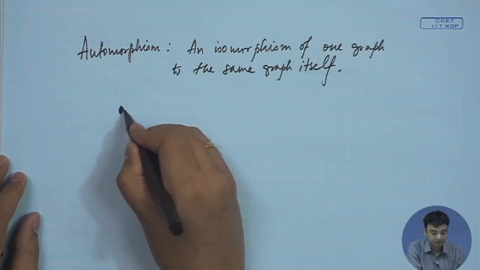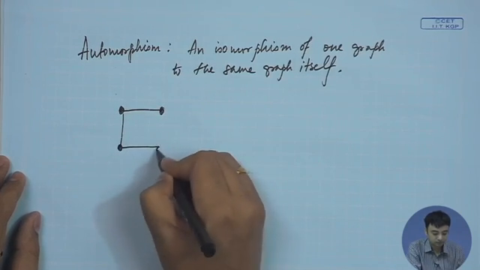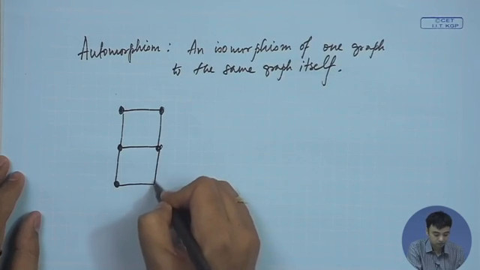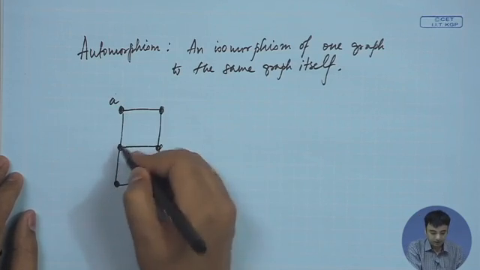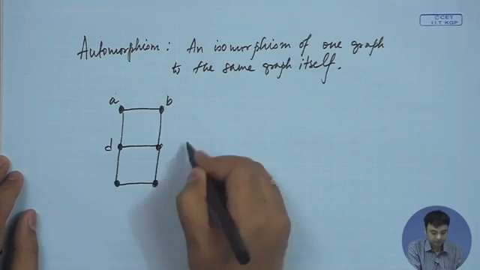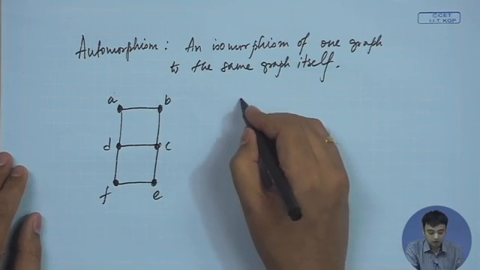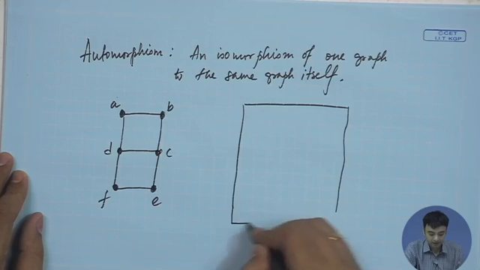Again, let us take an example and see. Let us take this graph here, and call it G. We can again define mappings on the graph.